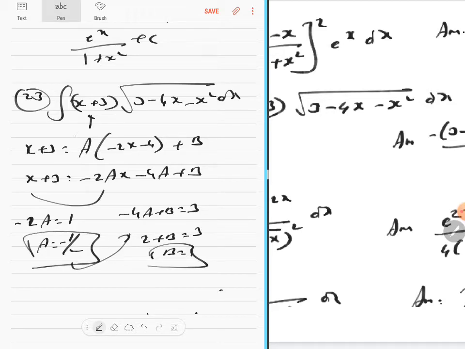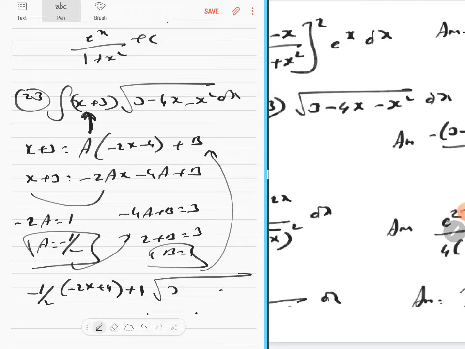Once you know a and b, you can substitute this in the place of x plus 3. So a is minus 1 by 2 into minus 2x plus 4, plus b is just 1, and I have written it in the place of x plus 3, and the rest of the root can be copied as it is, into dx.